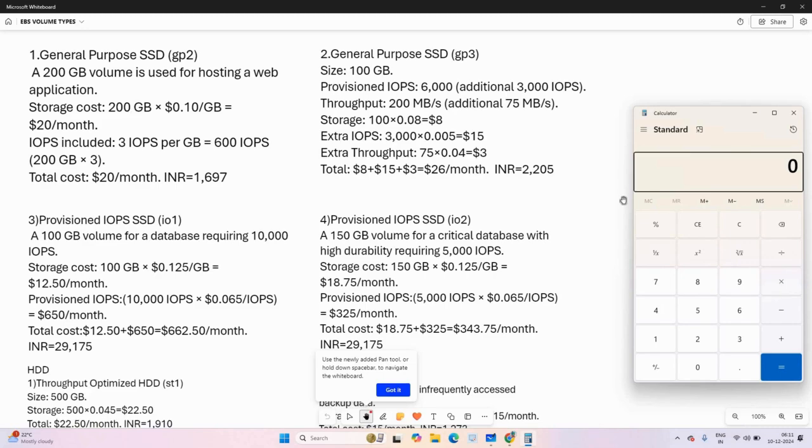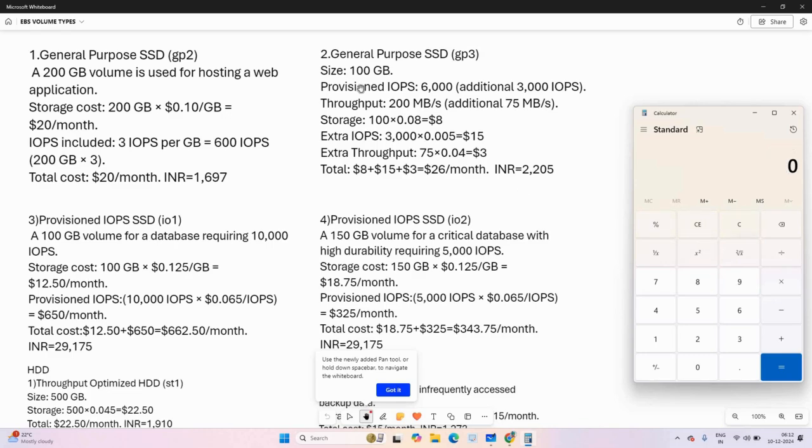Okay, for the first, 200 into 0.10 is equal to 20. So here it is $20.